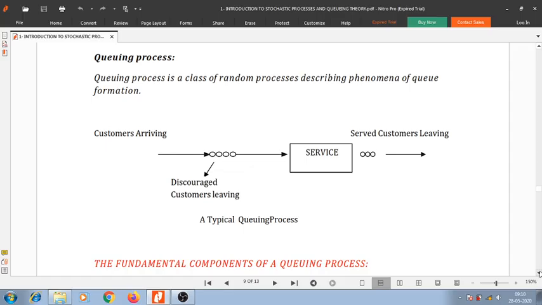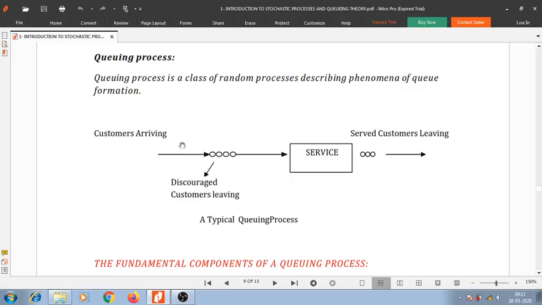Now that you know the familiar applications, what about the block diagram of the queuing process? The customer entering is called arriving. The waiting line is nothing but the queue, and where we give service to the customer is called the service station. After the service, the customer leaving the station is called exiting from the system.